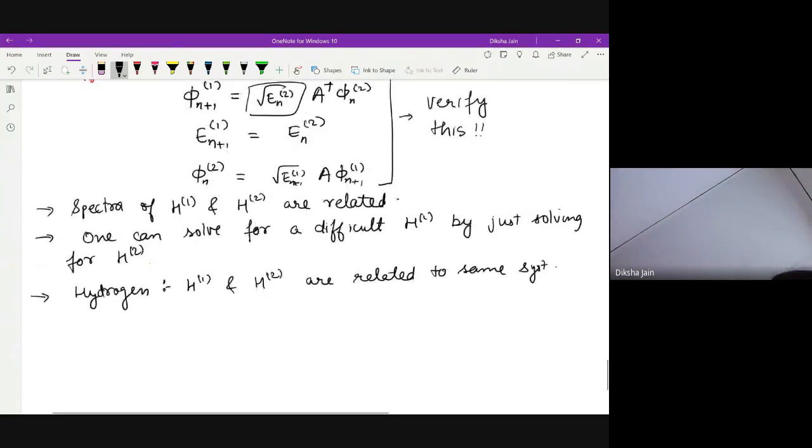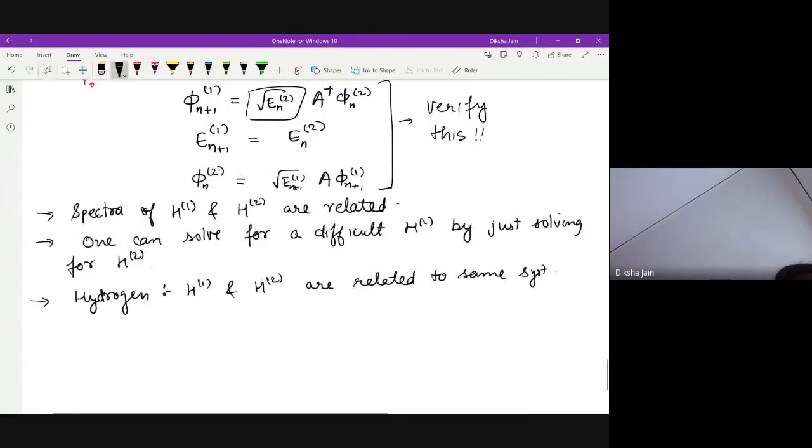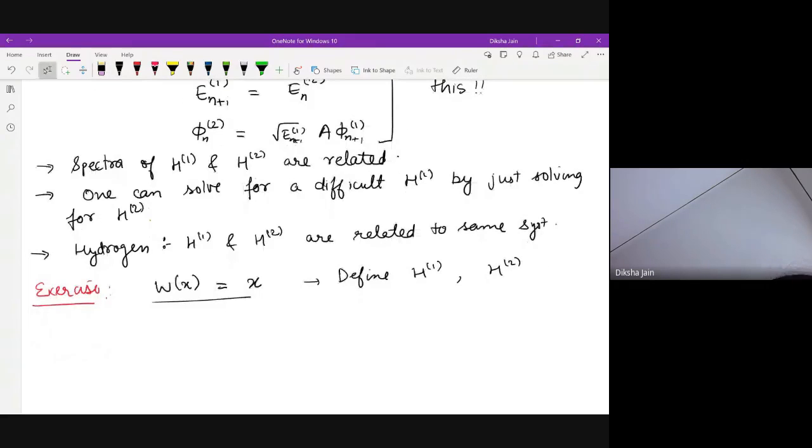Since I think this was a bit confusing in notation, it will be a good exercise for you guys to try. If you take the superpotential W of x to be just x, define what is H1, then H2, and then try to find the eigenvalues and relate the eigenstates of both.